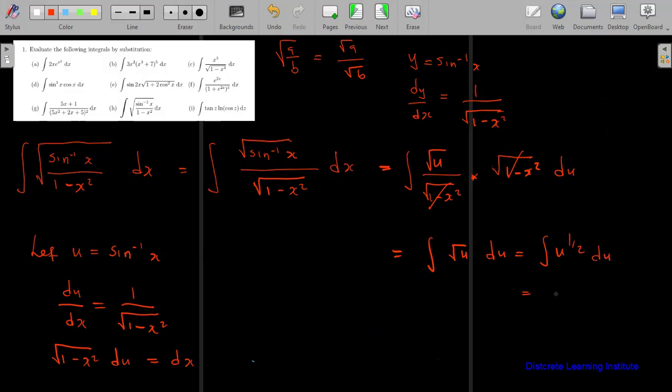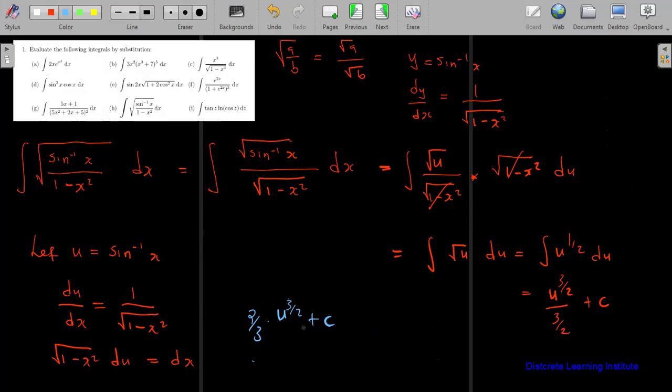Remember, for something with a power of half, we add 1, giving 3 over 2, and divide by 3 over 2, then plus c. That's u to the power 3 over 2, and if I reciprocate, I have 2 over 3 times u to the power 3 over 2, plus c.